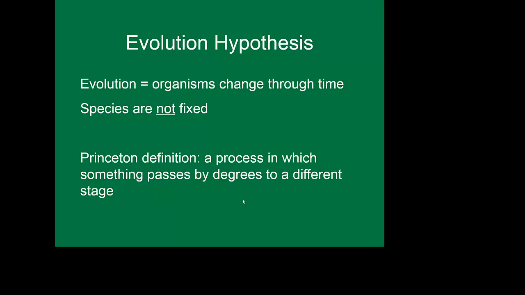So this change through time that we mentioned implies that species are not what we refer to as fixed, meaning that species change. Populations in particular change. Okay? So what we have to consider is what are those changes and how are they initiated?